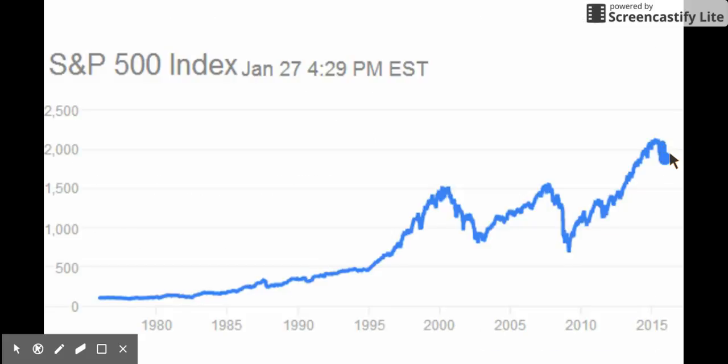This graph just shows you the history of where the S&P 500 is going, and shows you maybe why you'd want to put money in the S&P 500 or the stock market in general. So if you put money in here around 1995, say $10 in the S&P 500, by 2000 it would have tripled.